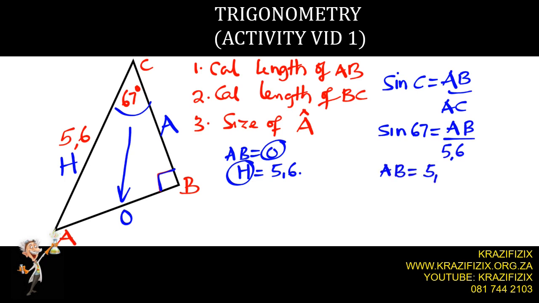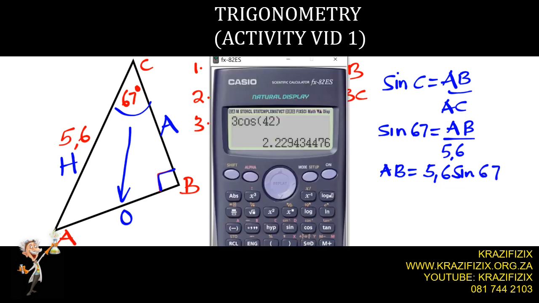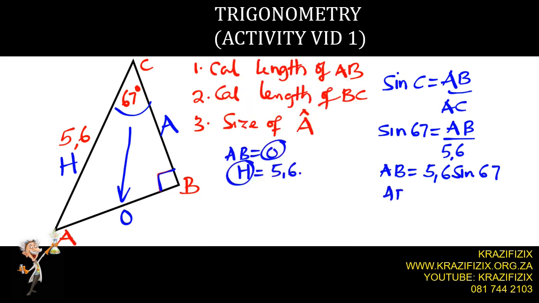AB is 5,6 sine 67. That gives 5,15. And since they used 1 decimal place, we can also just follow through. 5.2. So AB equals 5,2 units.